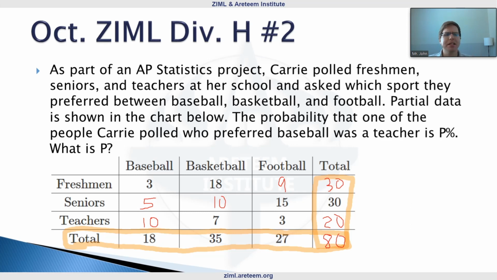Once you have this full chart filled in, like I said, we could have picked and chosen to find out exactly the information we needed to solve the problem, but once we have the whole chart, basically any question we ask you now is easy. We just have to read carefully: what do they want? What numbers are relevant for that? We're doing probability, in particular the probability among the people who preferred baseball.